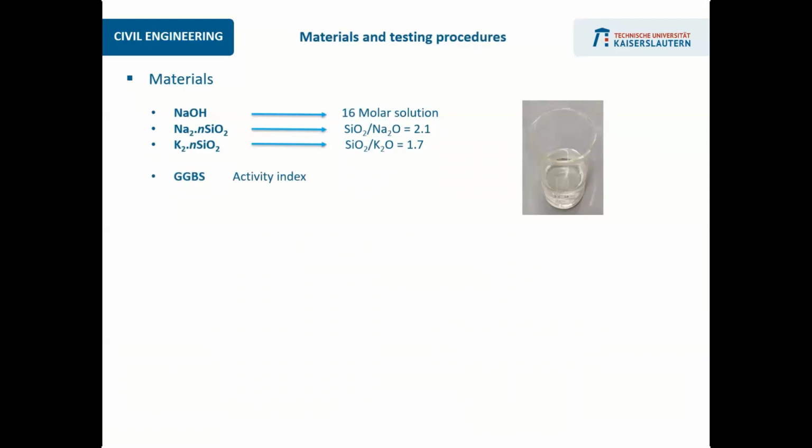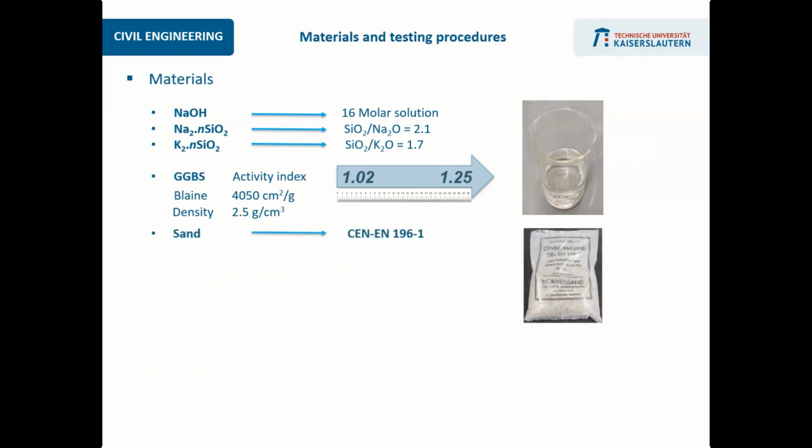The GGBS used in this study had a Blaine of 4050 square centimeter per gram and a density of 2.5 gram per cubic centimeter. The activity of this GGBS was 1.02 at the age of 7 days, which increased up to 1.25 at the age of 28 days.